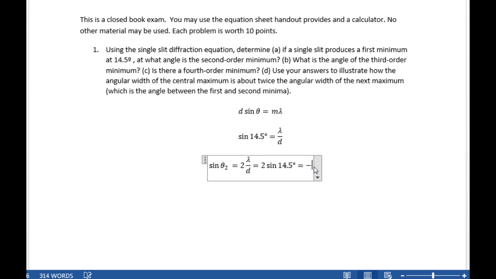So sine theta 2 equals 0.5076, all right?